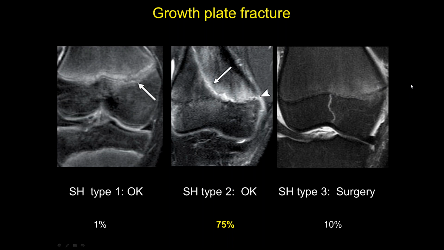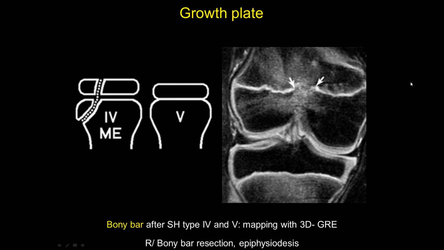Now, the most difficult and the most dramatic ones are types 4 and 5, where we really have injury to the growth plates. And the result of this is that we can see bony bar formations, as we can see here quite nicely depicted. We can see the growth plates on this fluid sensitive sequence quite well, and then here all of a sudden it stops, and there we can see it back again. So this is what we call a bony bar. And these bony bars are a bit annoying, because if you only have them on one knee, then you can get growth disturbances like leg length discrepancy.